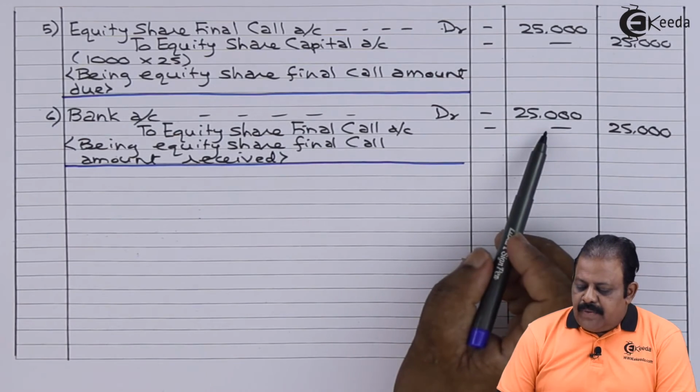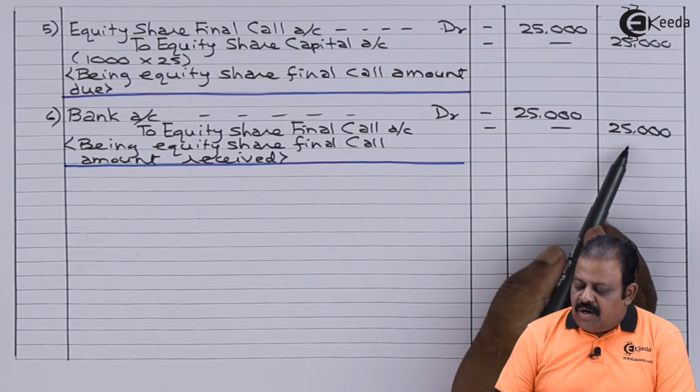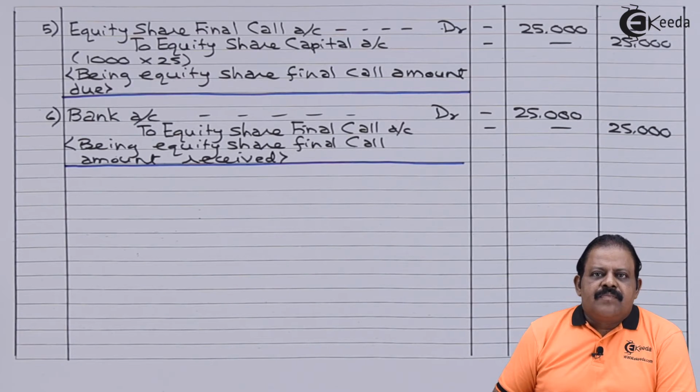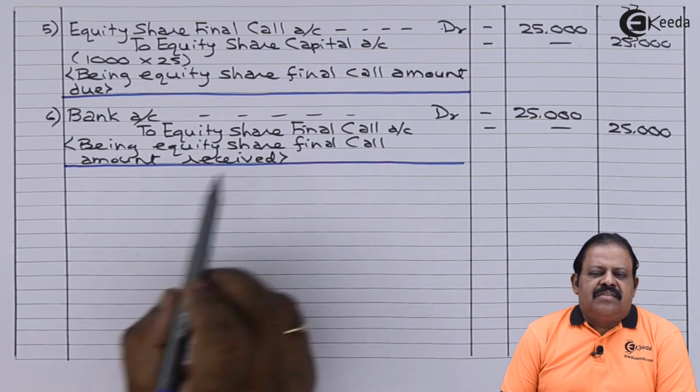Bank account debit 25,000 to equity share final call account 25,000. This is for the amount of final call received.